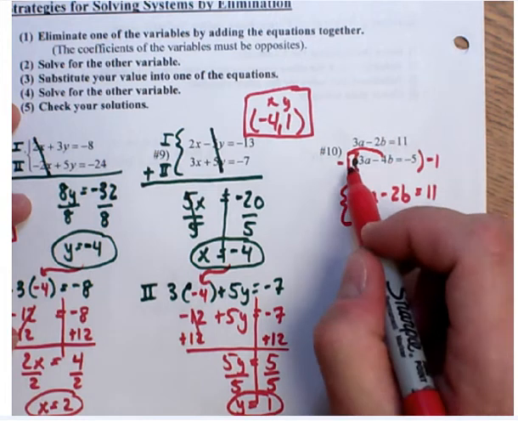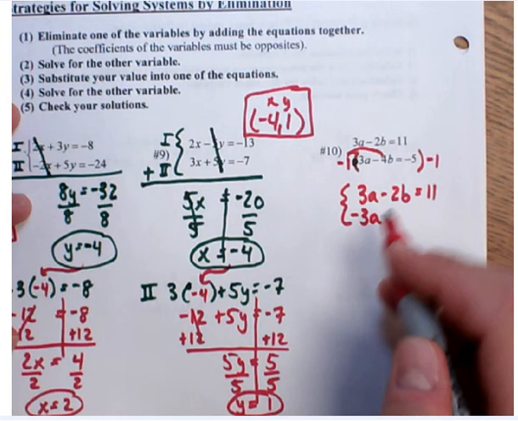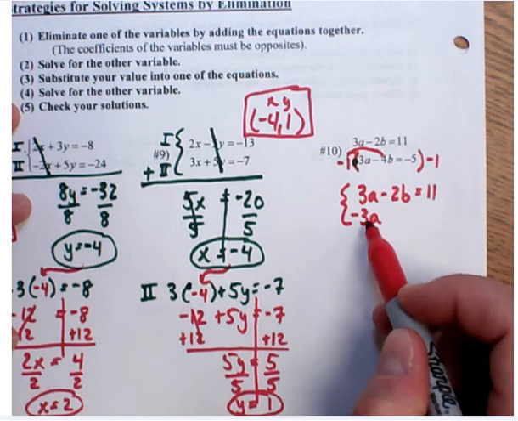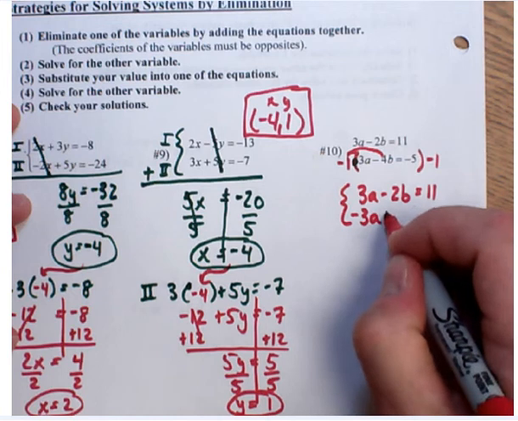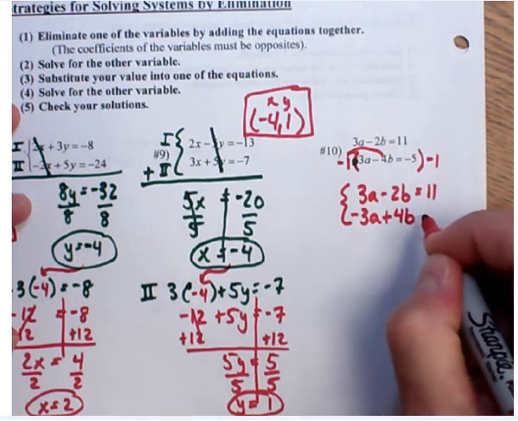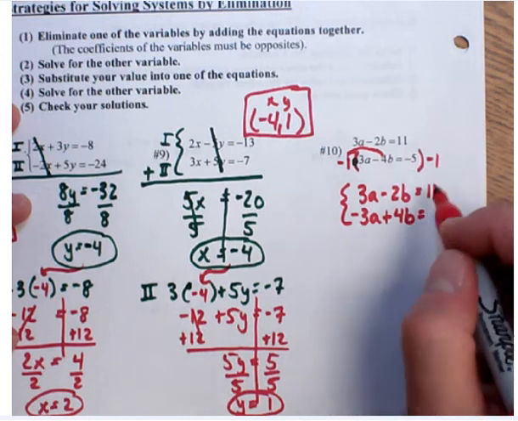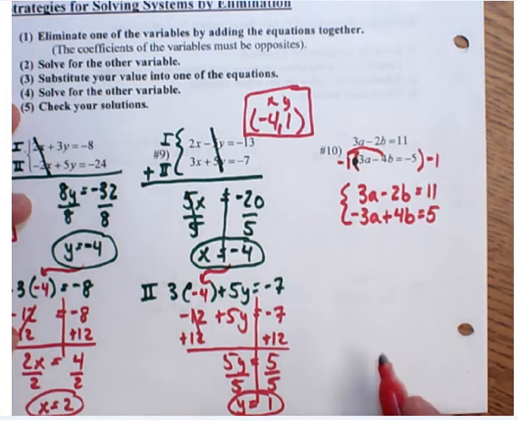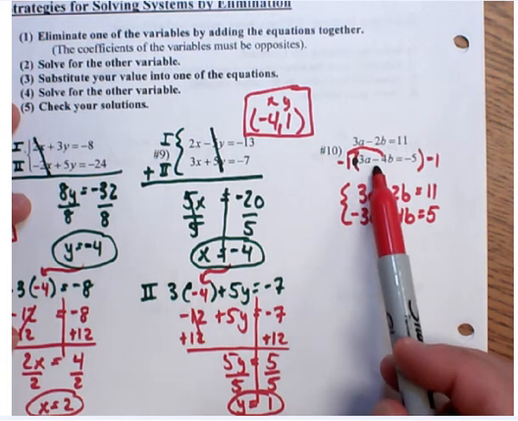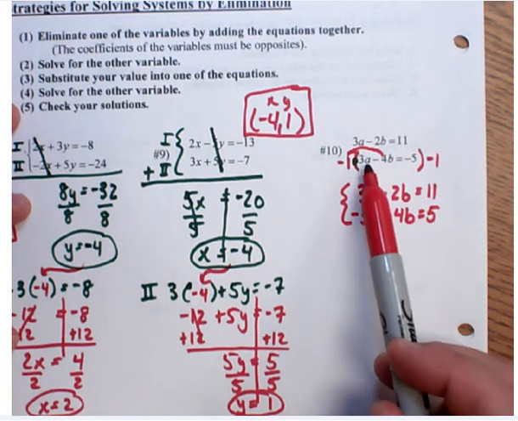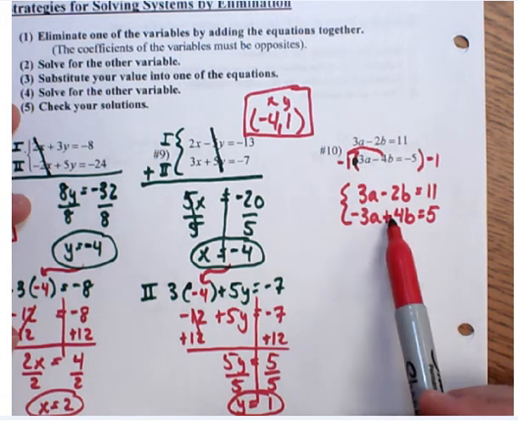Now you have -1 times 3, so that's -3a. That's what we want, -3a. Now -1 times -4b is +4b. And then -1 times -5 is +5. Basically, when you multiply by -1, you change every sign. If it was a positive value, now it's negative. If it was negative, now it's positive.